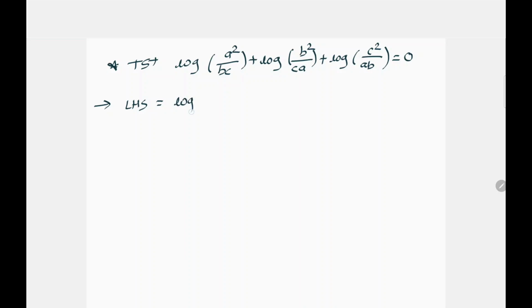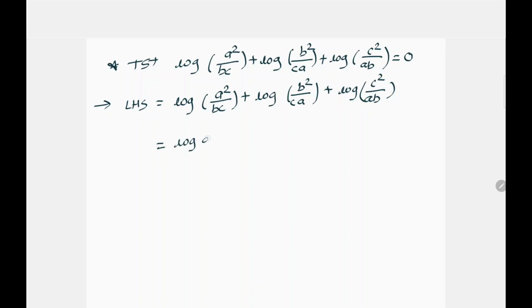So consider LHS, that is log of A square upon BC plus log of B square upon CA plus log of C square upon AB, which is equal to, apply here law of quotient. So we get log of A square minus log BC plus log of B square minus log CA plus log of C square minus log AB.